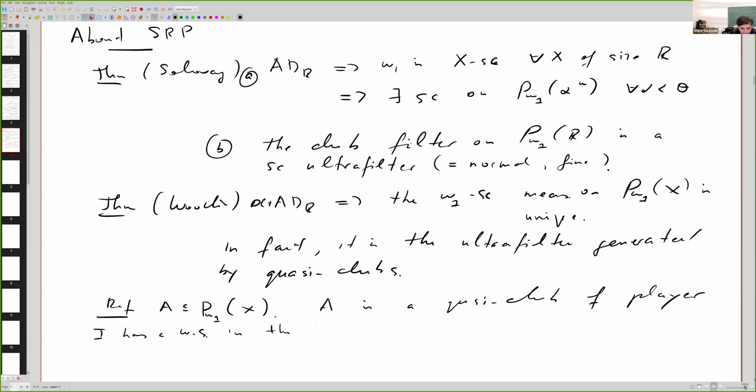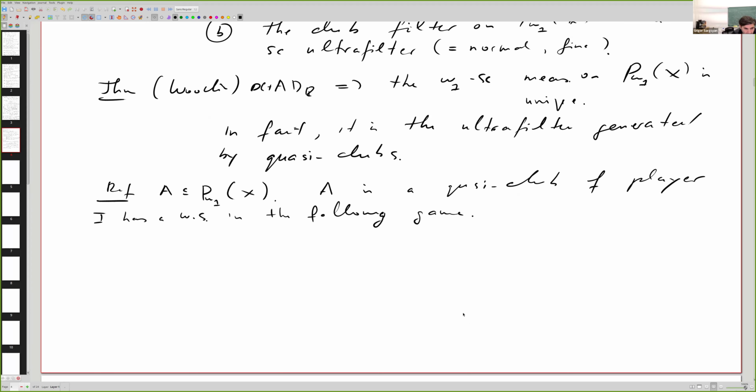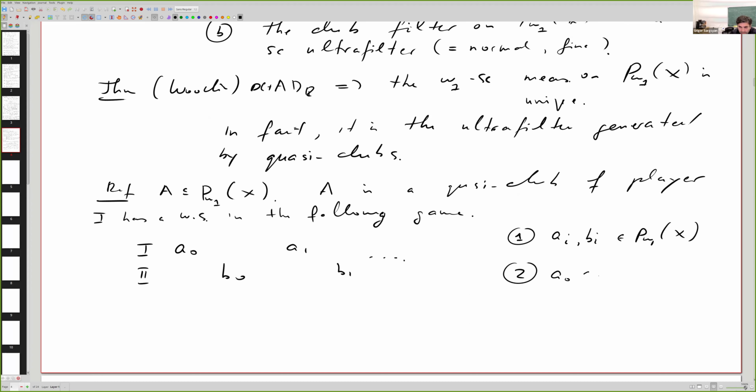So players 1 and 2 play A0, B0, A1, B1, and so on. The conditions are that A_i and B_i belong to P_omega1(X), and they increase.